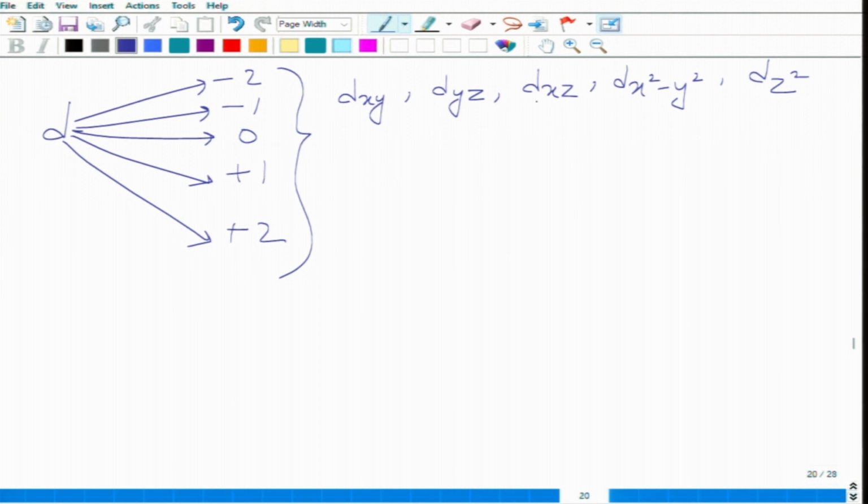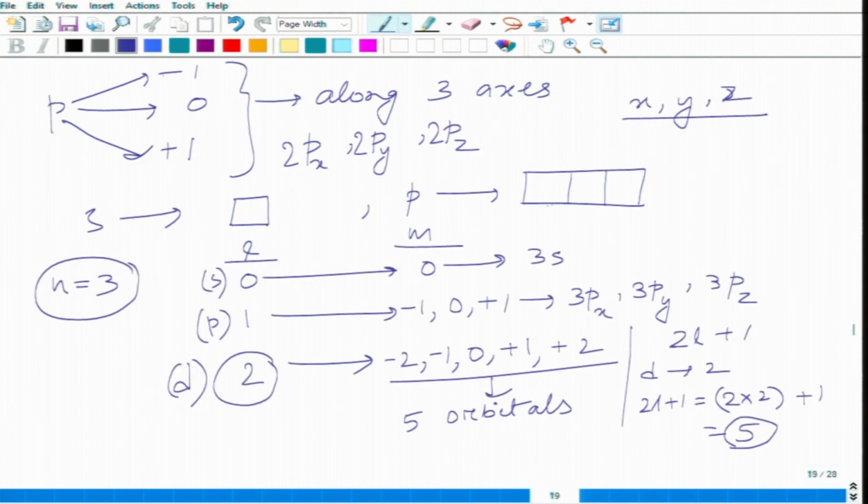So, since there are 5 orbitals, the d subshell is denoted like this: -2, -1, 0, +1, +2. We write it like this. So, for p, how will we write? -1, 0, +1, and for s it is 0.